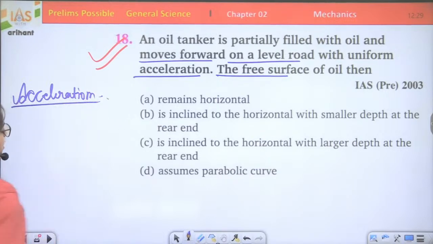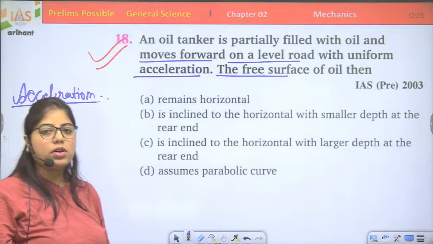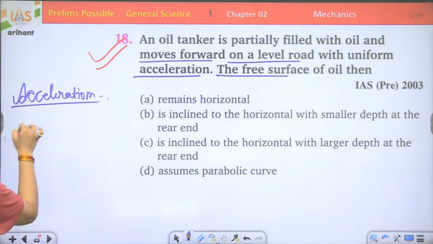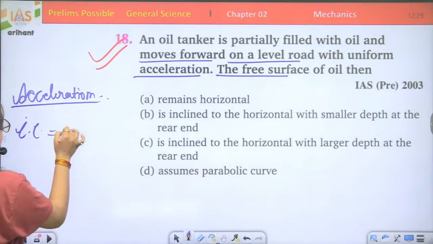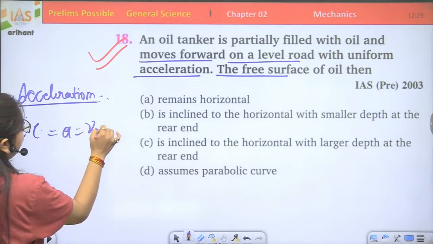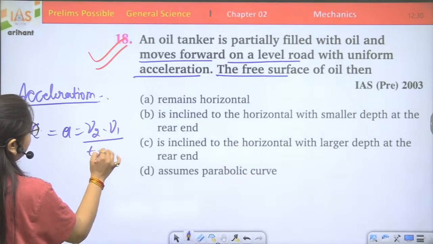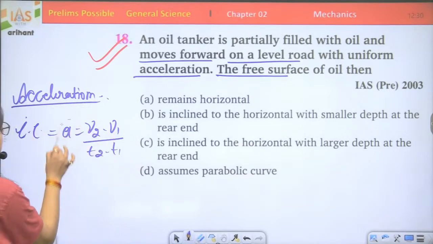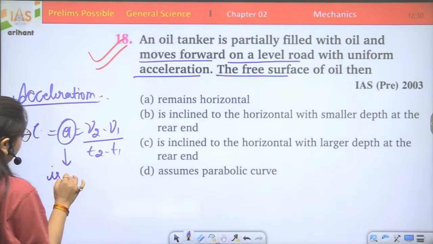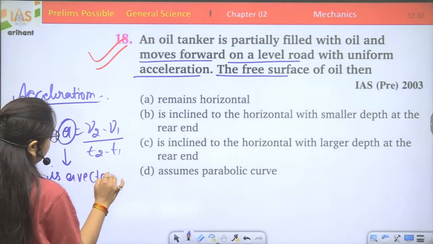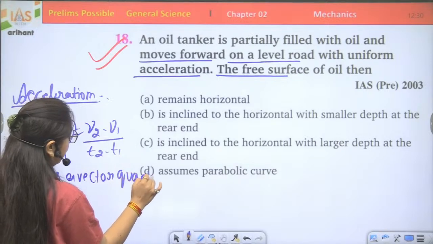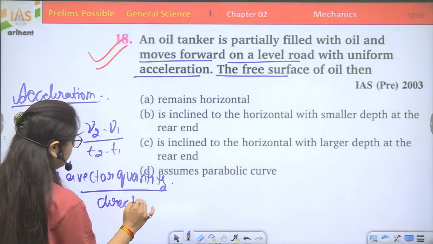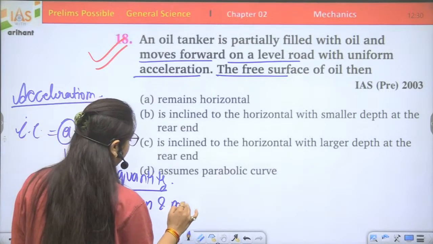First we discuss the acceleration. The rate of change of velocity is called the acceleration of a body, that is, acceleration is equal to v2 minus v1 upon t2 minus t1, right? And acceleration is a vector quantity, that means it has both direction and magnitude.